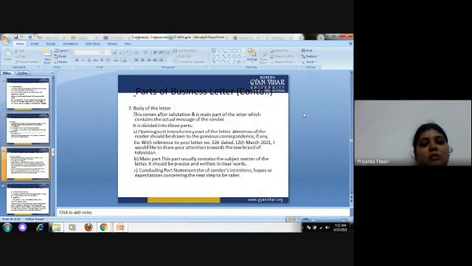Body of the letter: this comes after the salutation, and it is the part of the letter which contains the actual message of the sender. It is divided into three parts.